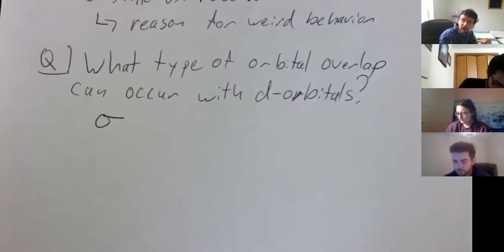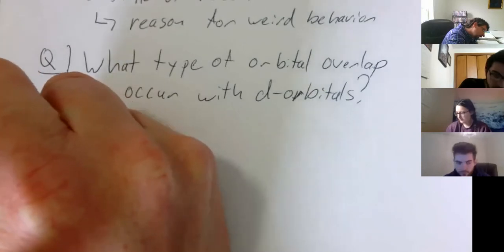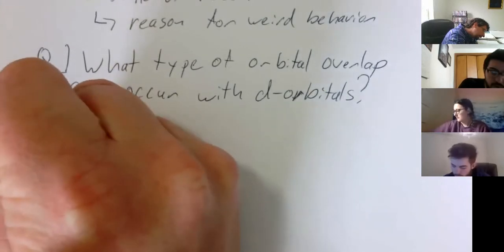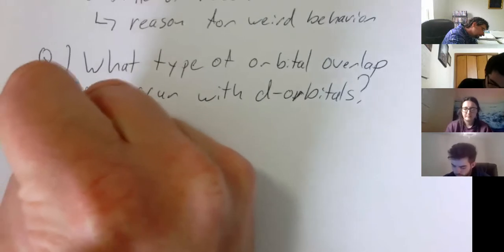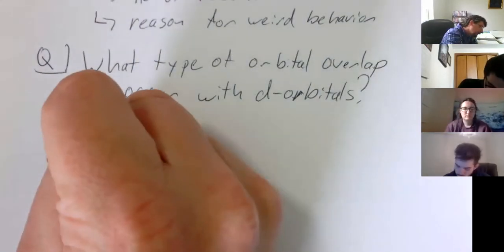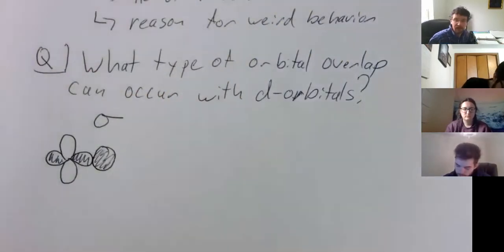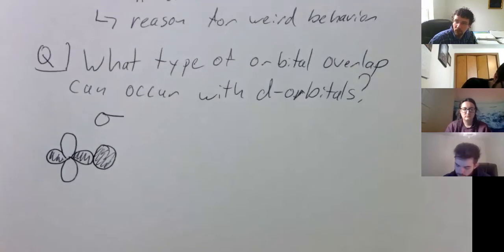But let's draw one with an s orbital. So make it easy. There's a sign change halfway through, and then we would have an s orbital like that. So that's an example of a sigma type overlap of an s orbital with a d orbital.